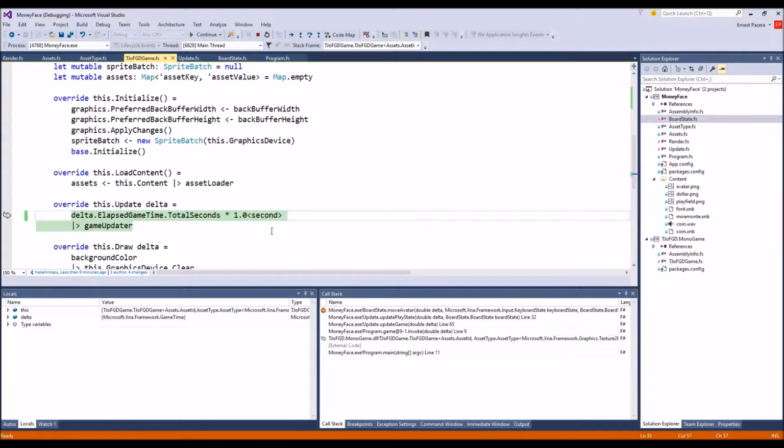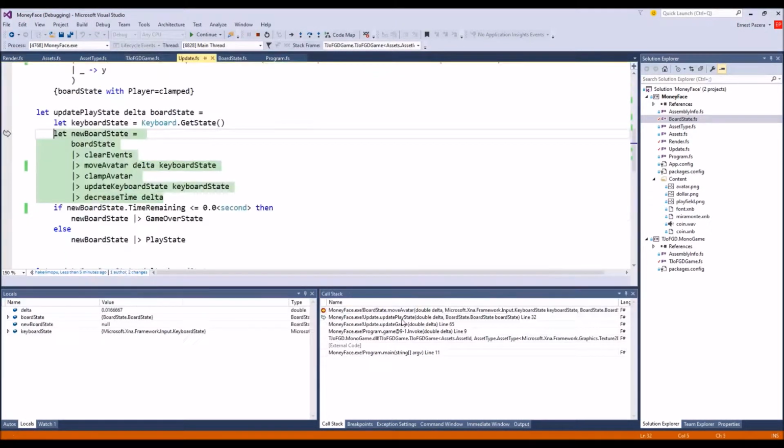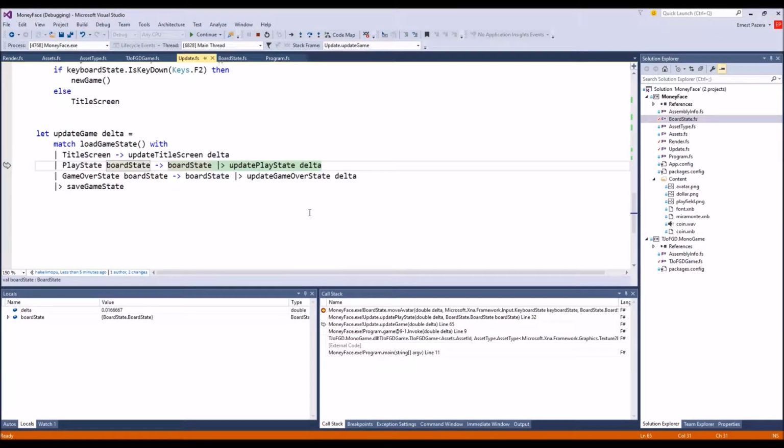So the number of pixels that it moves, that is total seconds, it's 1/60th of a second. So 1/60th of a second times the, so this isn't working out at all.